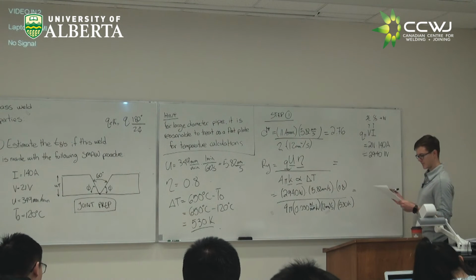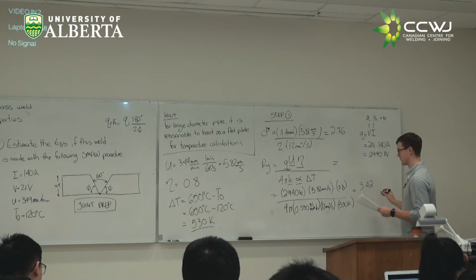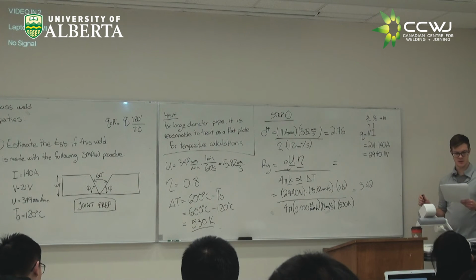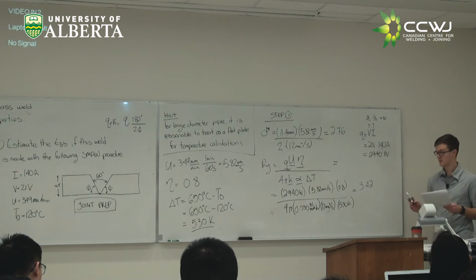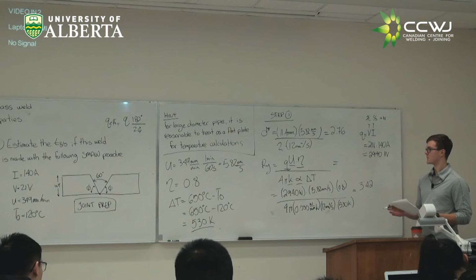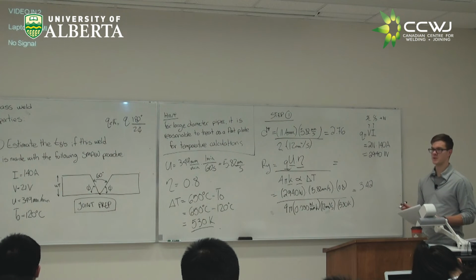3.42. Everyone else get that as well? Okay, so now, with a Rechlin of 3.42 and a D star of 2.76, what regime are we in?